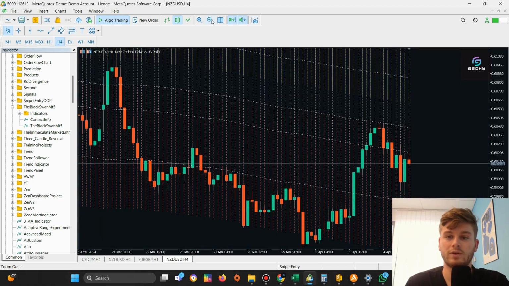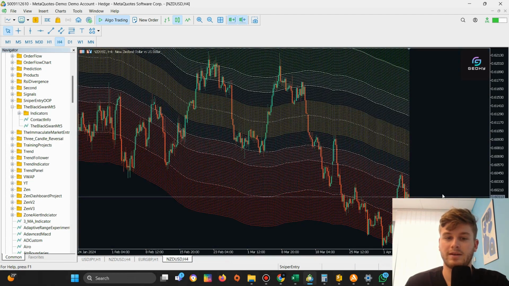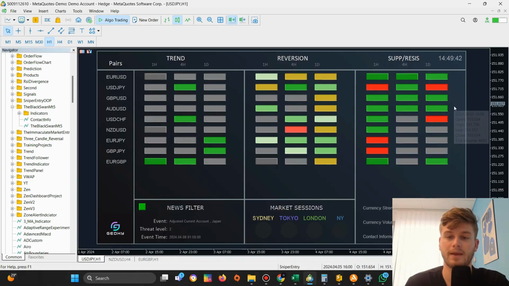So I will be looking for mean reversion, meaning I would wait for a signal which indicates that the price will move closer to its average price, which is right here. So that's also a strategy that you can implement with the Black Swan.